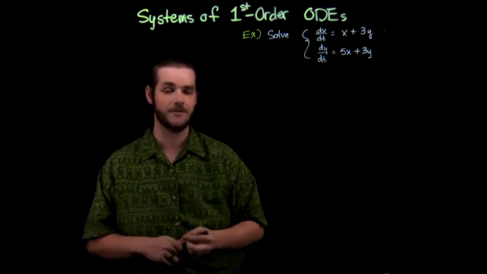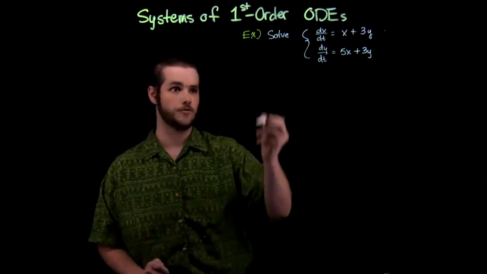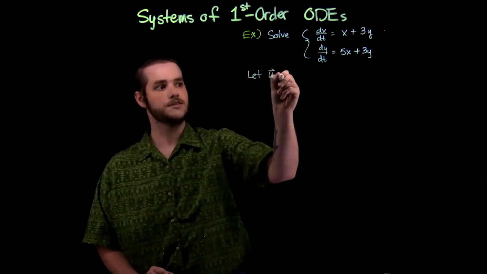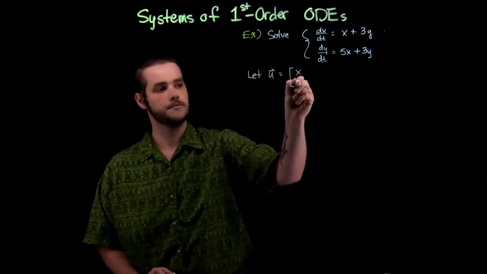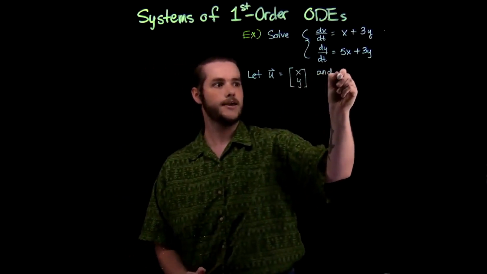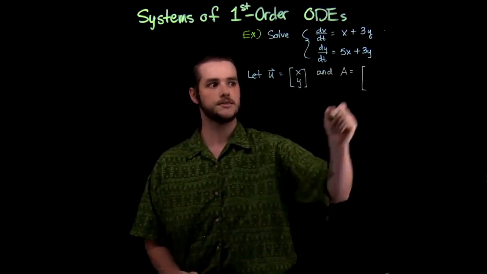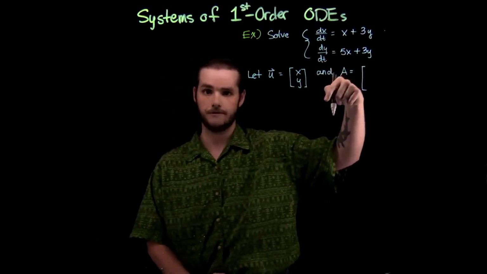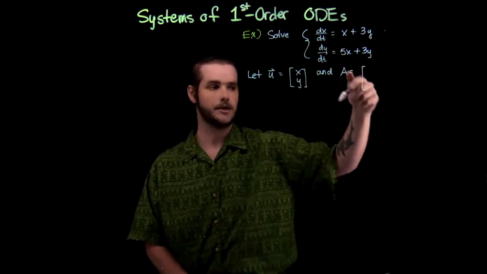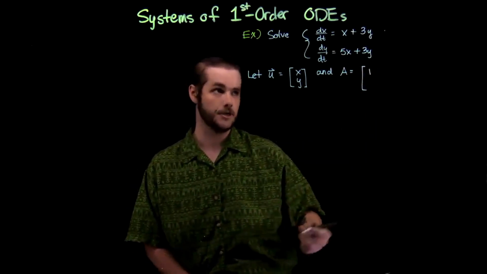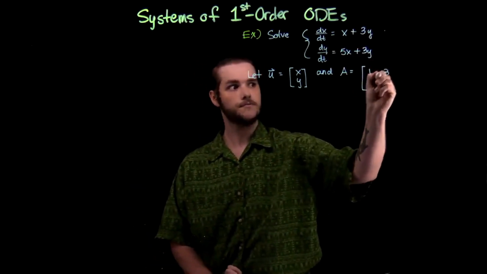In other words, if I were to write this in matrix form, maybe I would say U is the vector xy, and A is the matrix of the coefficients. First equation, first variable, that's x, its coefficient is 1. First equation, second variable, its coefficient is 3.